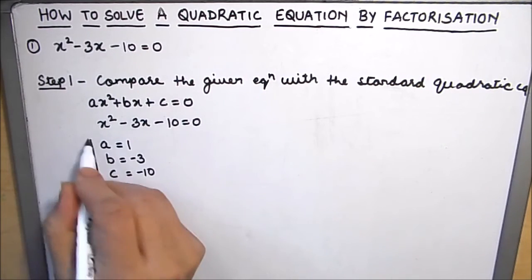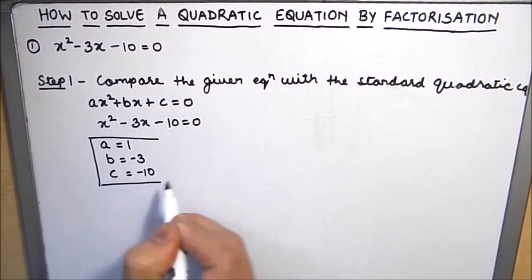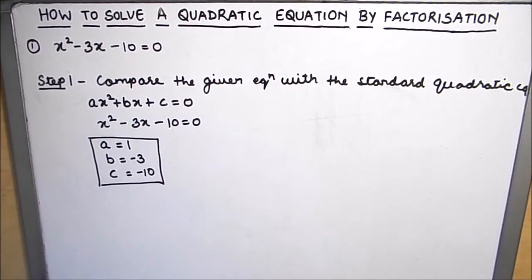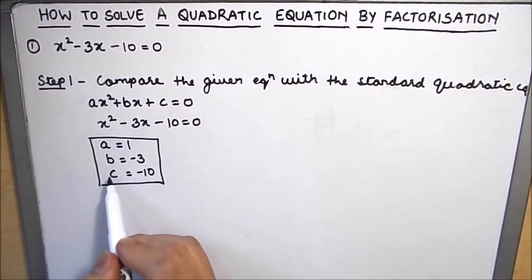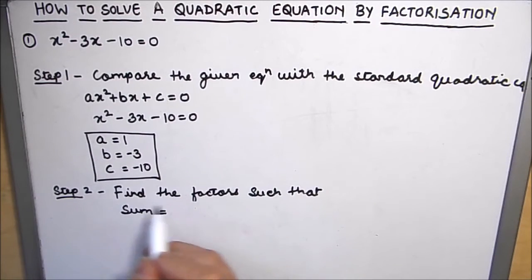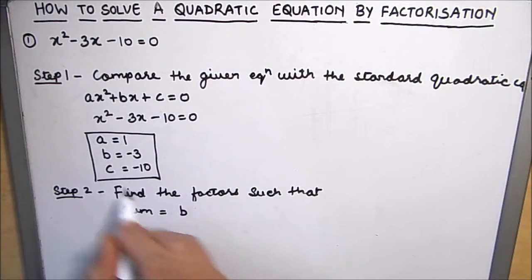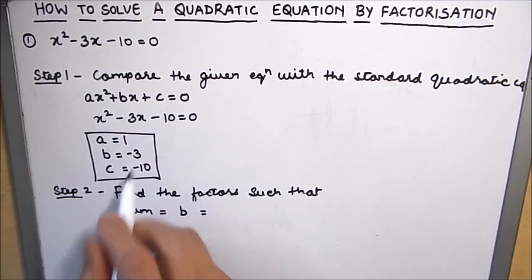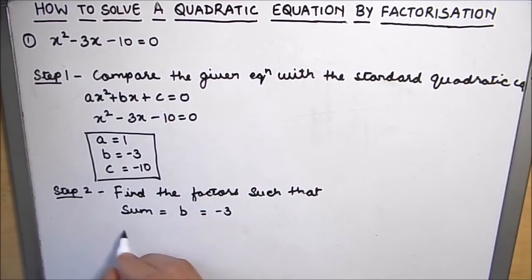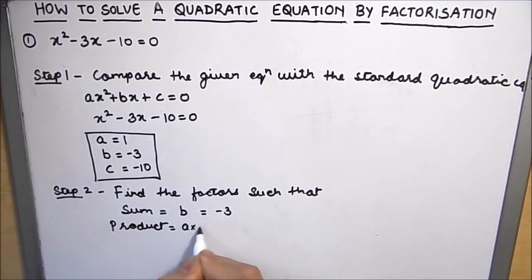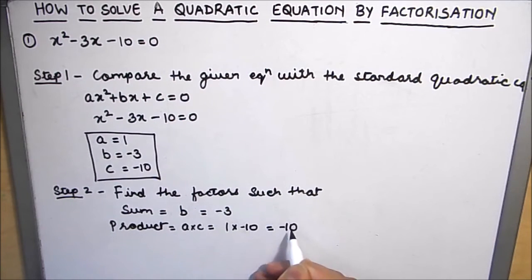So we get the values of a, b and c. This is our first step. Step 2 is to find the factors such that the sum of the two factors is equal to b, which is here minus 3, and their product is equal to a times c, which is 1 times minus 10, equal to minus 10.